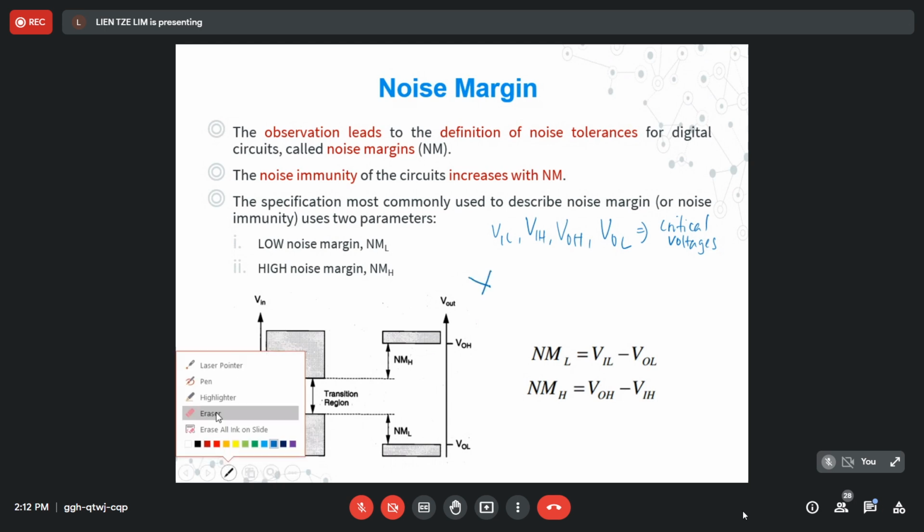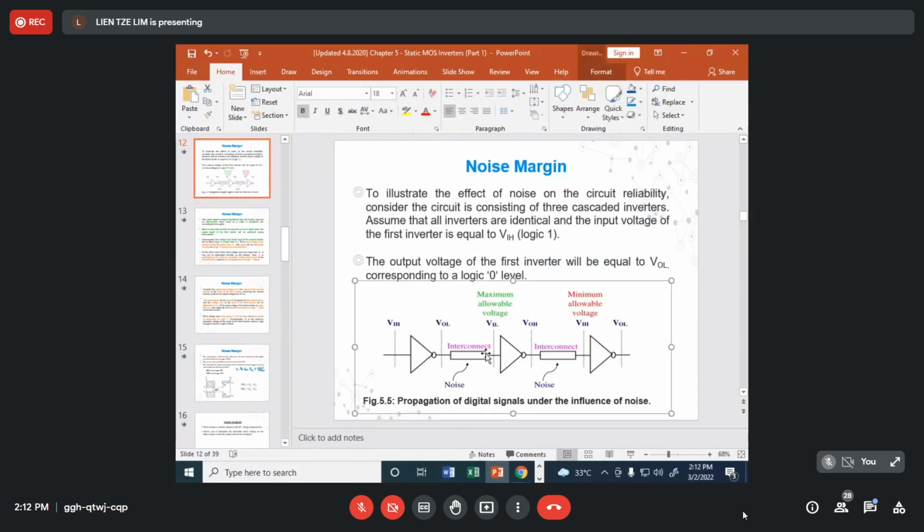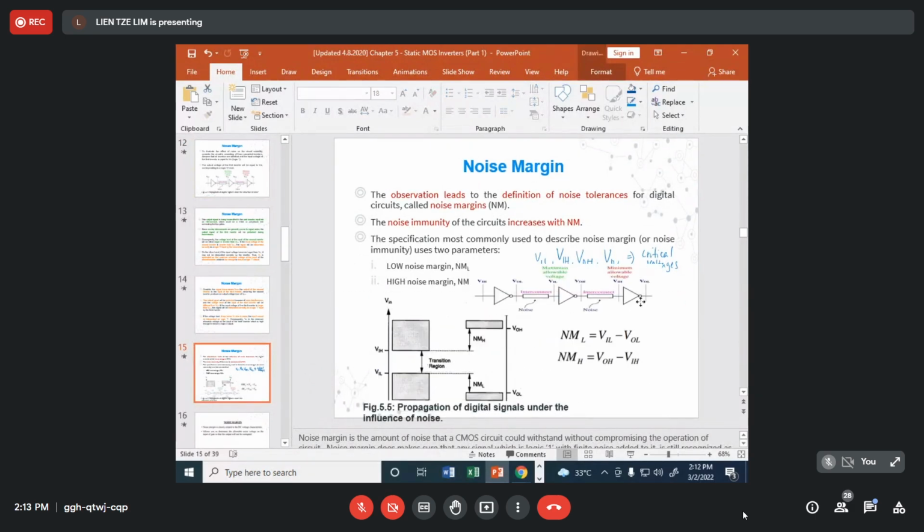I want to draw the diagram here, and maybe I just directly copy the diagram and paste it here, so that you can relate it easily with all the voltages.